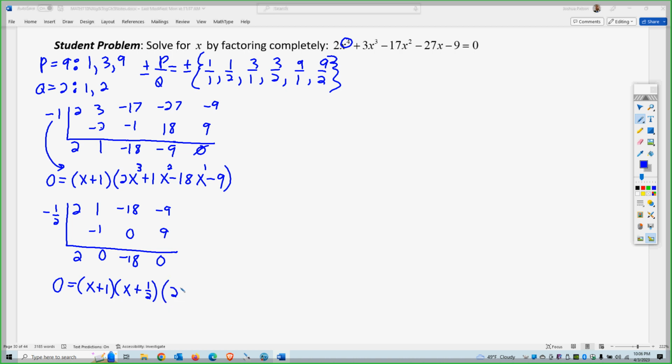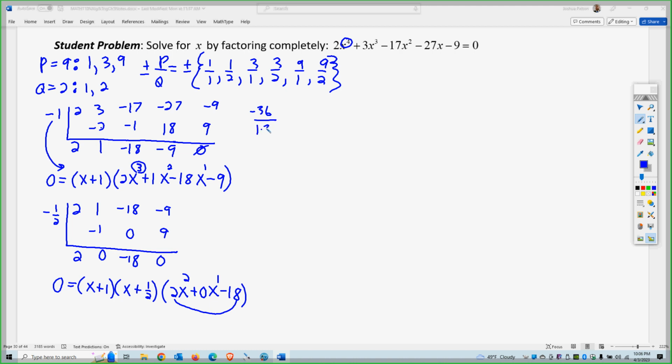Then I'm left with 2x plus 0x minus 18. And the question is, what is that? Well, this was the third power, so now I'm left with a second power. Okay, well, here's the thing, though. 2 times -18, if I do the factor tree, that's -36, correct?